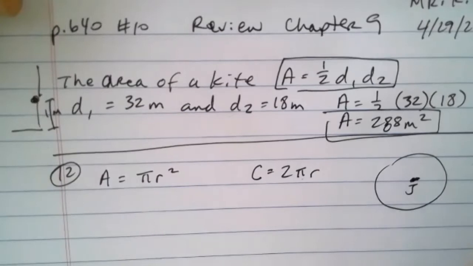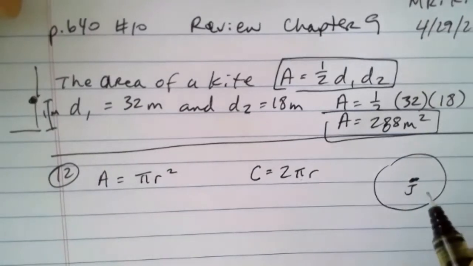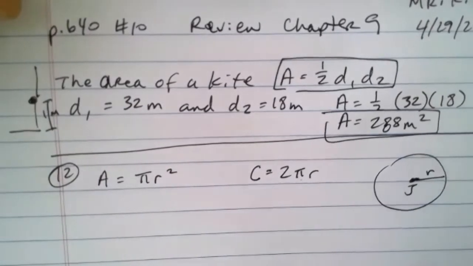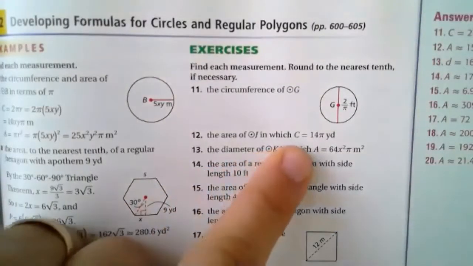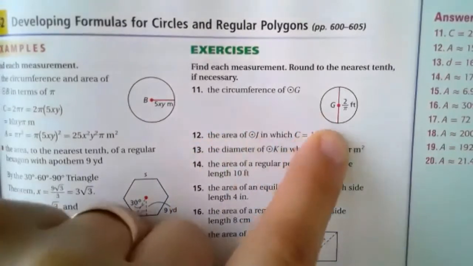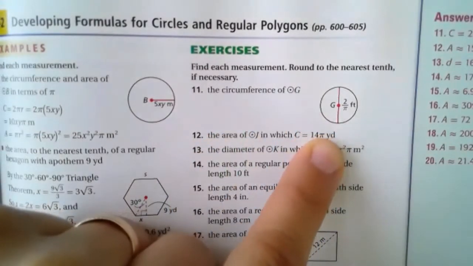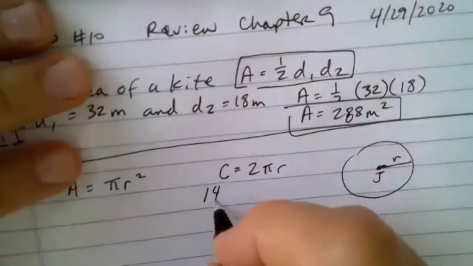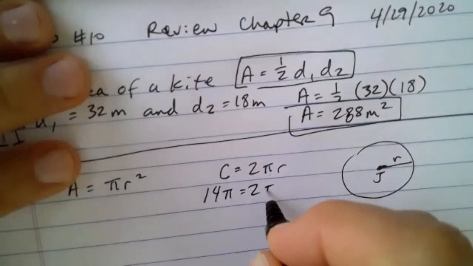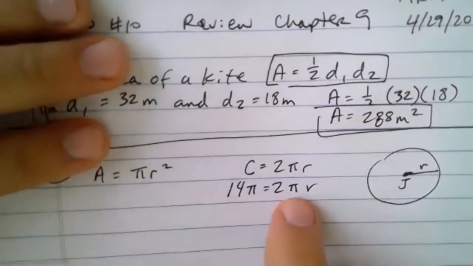I'm going to go ahead and do circle J like this. So there's the center of my circle, and I need to know what that radius is. So let's look at number 12. We aren't given the radius, but we are given the circumference, which is 14 pi. You see that? So 14 pi, I can put in terms of circumference here.